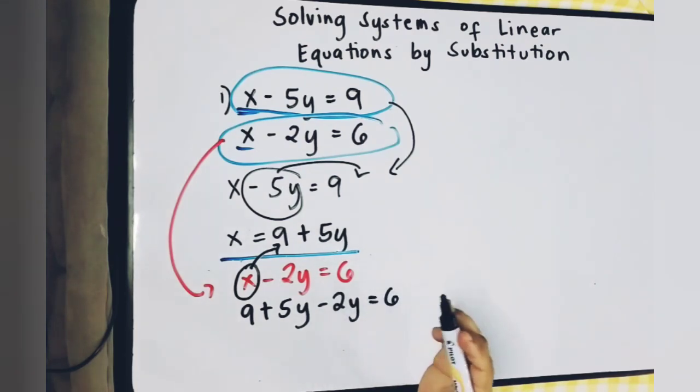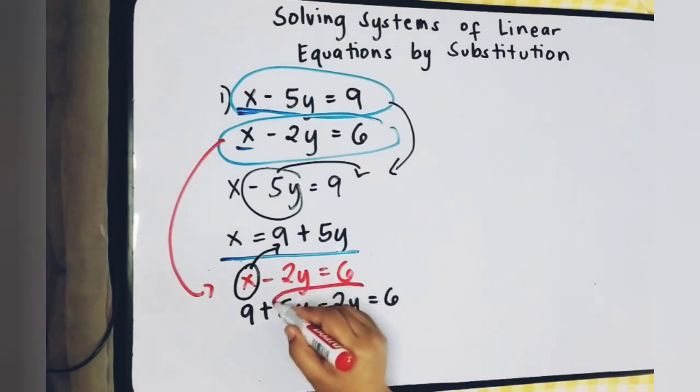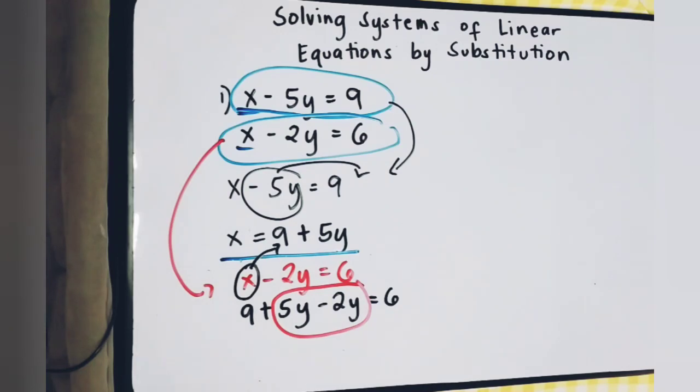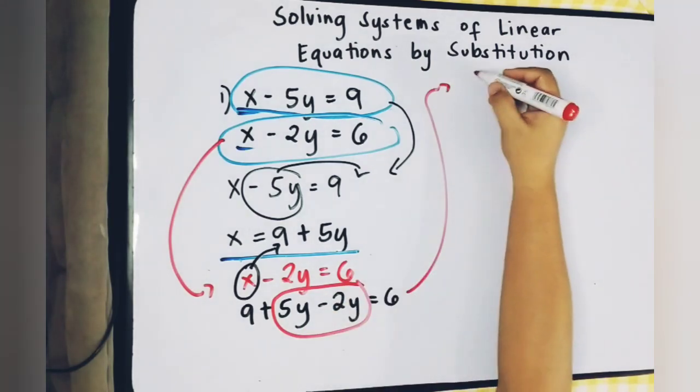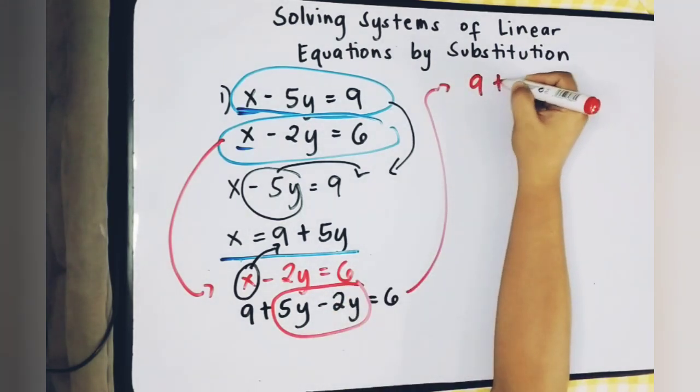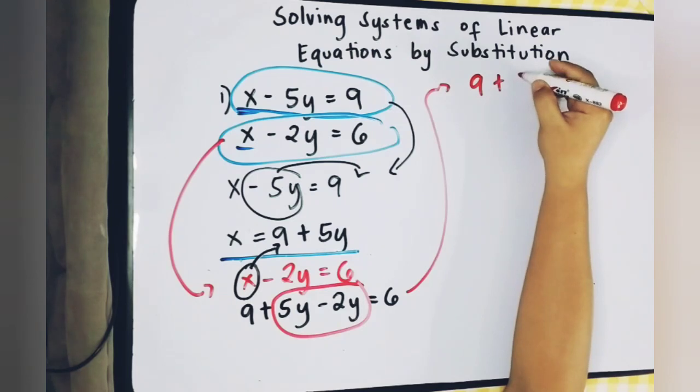So, doon na natin napasok yung substitution. Okay? Then, combined like terms, we have 5y and negative 2y. Okay? That is equal to positive 3y.